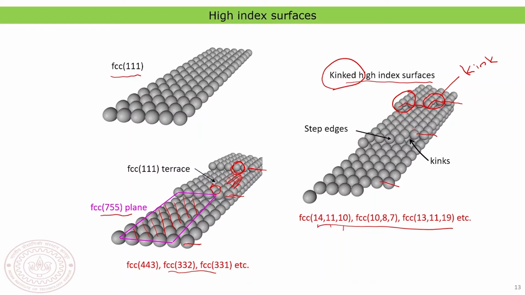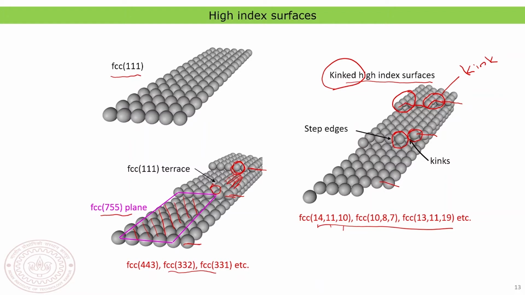The atom on the step edge here, like you have seen in the case of FCC 755, is already a low coordinated atom. But now you see here the atom at the edge of a kink, which is definitely much more low coordinated than the one at this step edge.